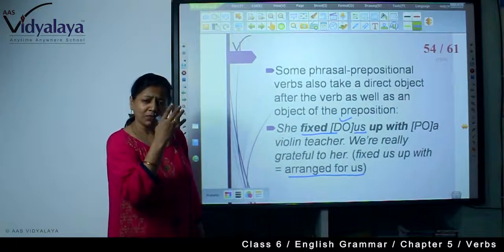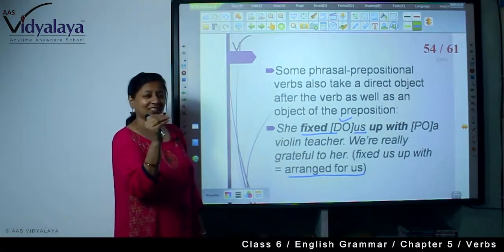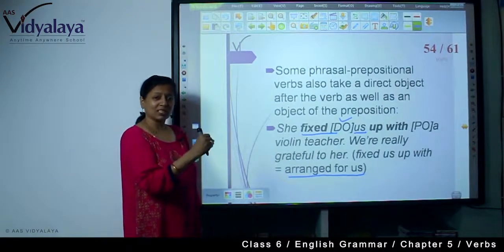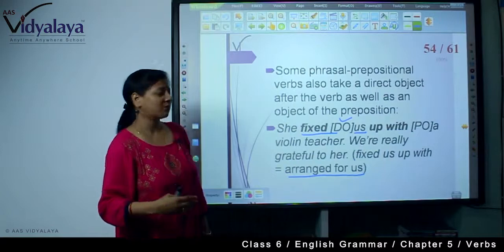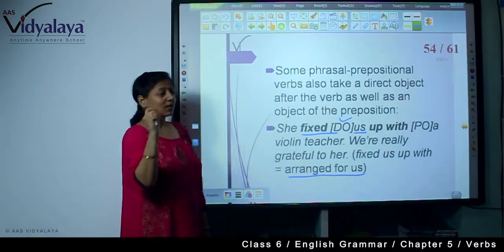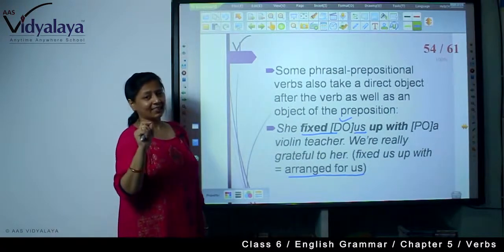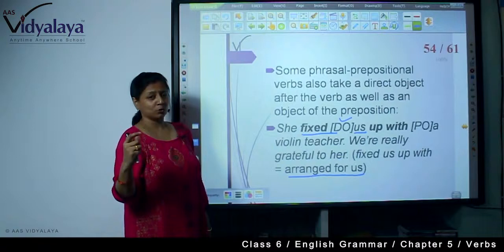There is a huge list of phrasal verbs. You will have to go through that, learn it, learn to use it, and then you can make your writing a really beautiful piece of art. But these are the grammatical rules. If you go through the slide again and again, you will understand what to do and how to do it.